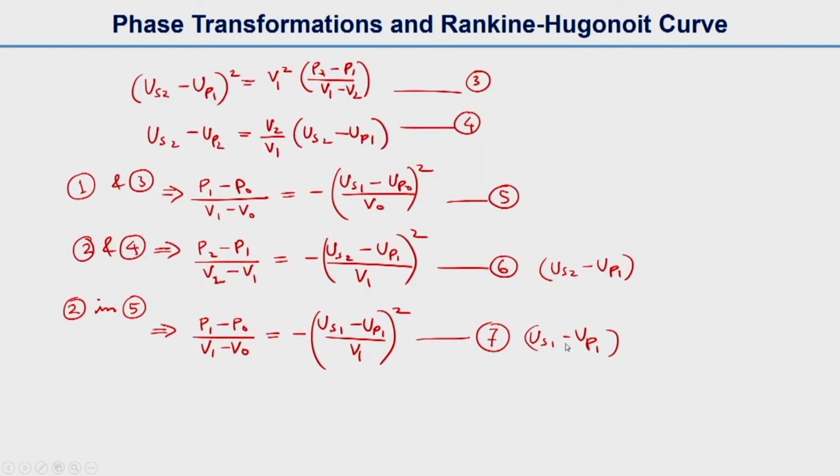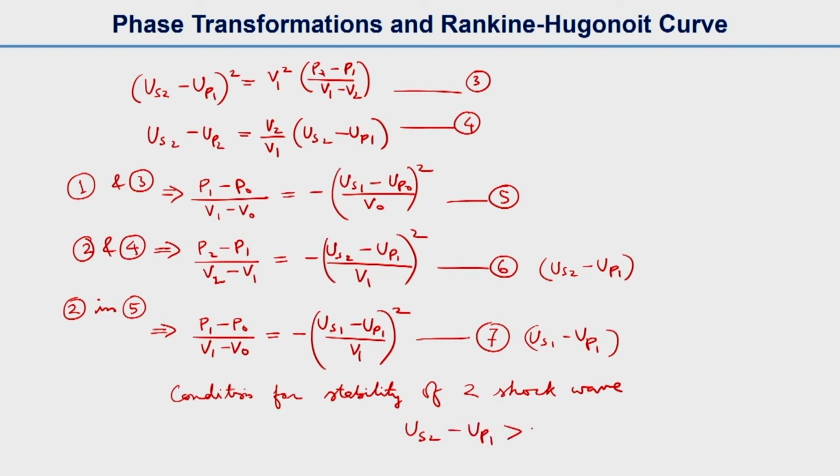So the condition for stability of the two shock wave fronts is that US2 minus UP1 should be smaller than US1 minus UP1.